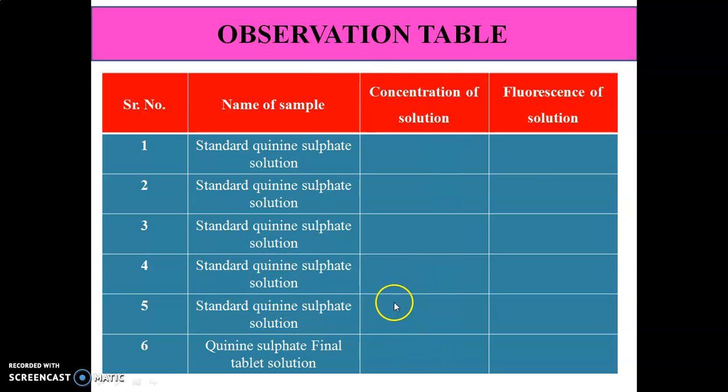Then the concentration of the solution you will have to determine, and how to determine the concentration of the solution we have seen in the previous video. For that you will have to refer to that video. The fluorescence value obtained from the fluorometer instrument, you will have to write down here.